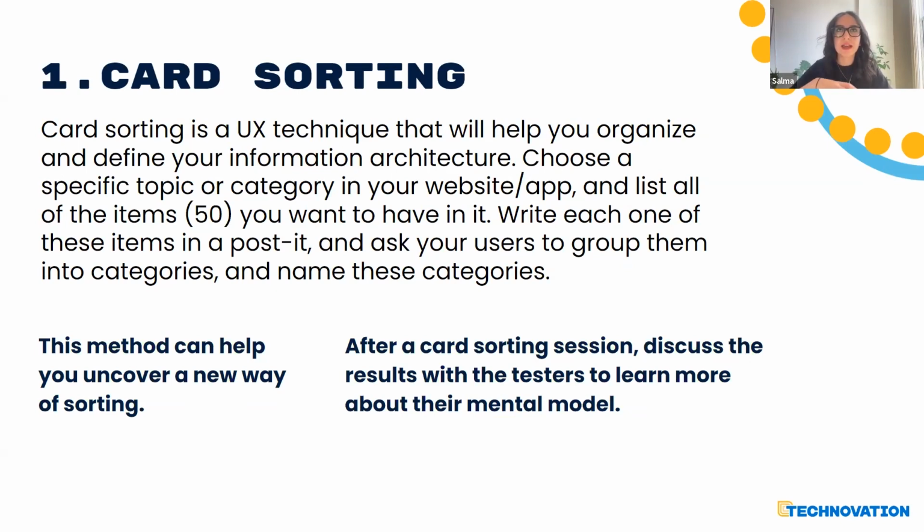Let's say I want to have dresses, I want to have pants. I will put all of these keywords, literally any single item that you can think of that you want to showcase in your website or app, on a post-it. You're going to end up with like 50 or 60 post-its.